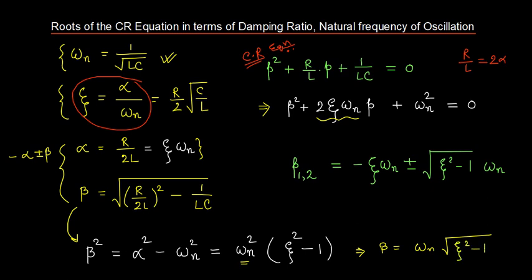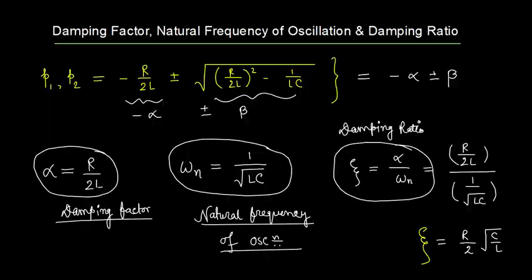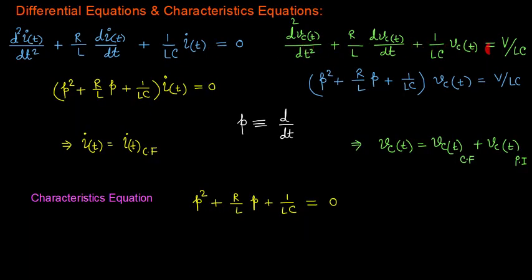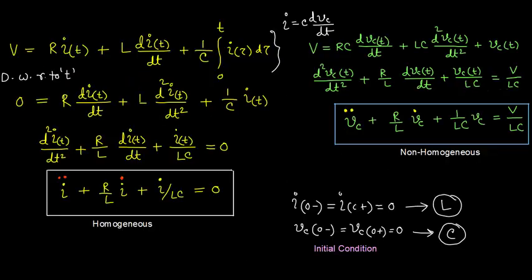So p1,2, equal to minus alpha plus minus beta, can be written in this form: in place of minus alpha we write minus zeta omega n, plus minus, in place of beta we write omega n times under root zeta square minus 1. Let us solve these differential equations of current and voltage Vc from these two initial conditions.